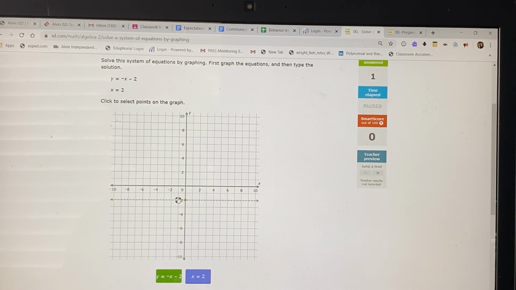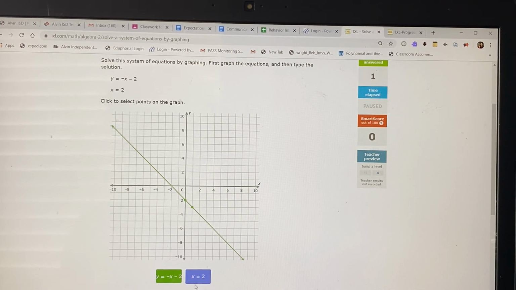So once you click on your point, it lets you play around with it. We know it's going to be negative. But we know that we got to go from one point to the next. We're going to go down 1 and over 1. So that is our first linear equation, and that is graphed.